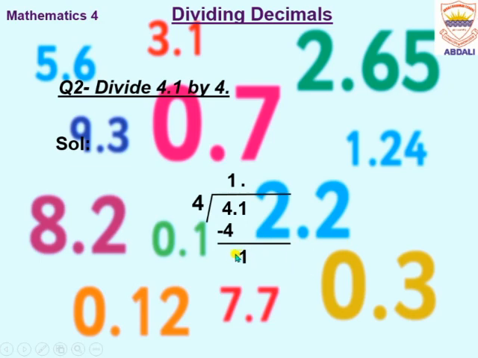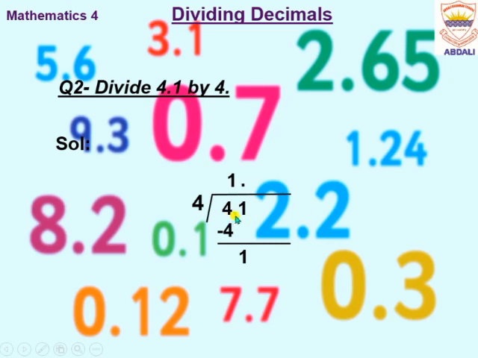But 1 is smaller than 4, and there is no digit that we can bring down to solve our division. And in decimal you have to keep one thing in your mind, that we cannot leave our remainder as a digit. We have to make it 0. So for completing our division, here is an important point that you can do.